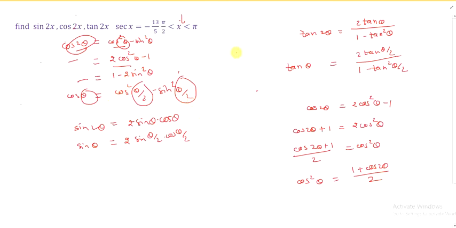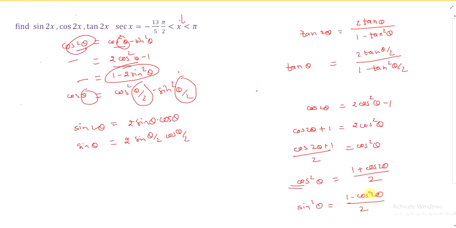And from the second result we have another conversion, that is sin square theta is equal to 1 minus cos 2 theta upon 2.